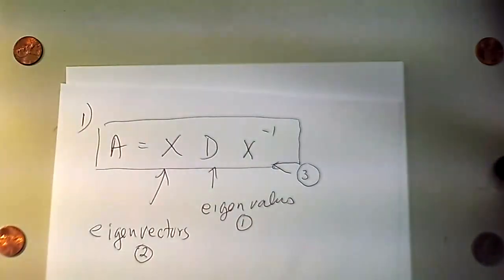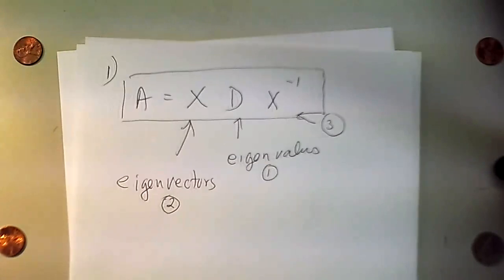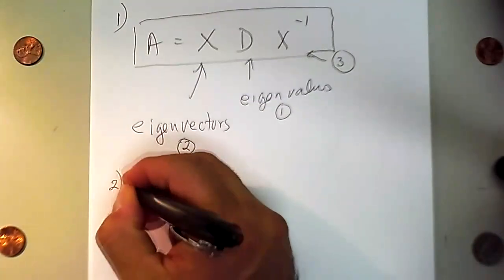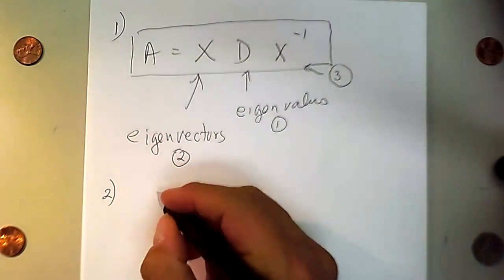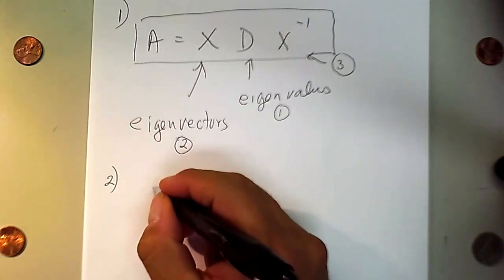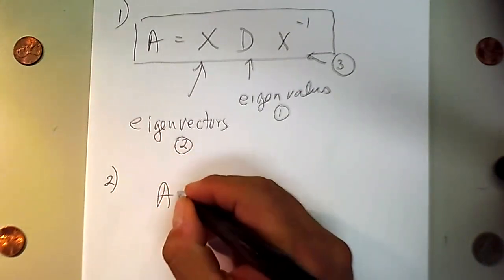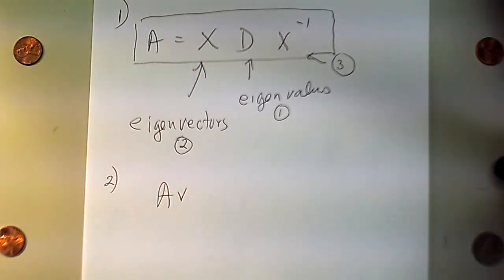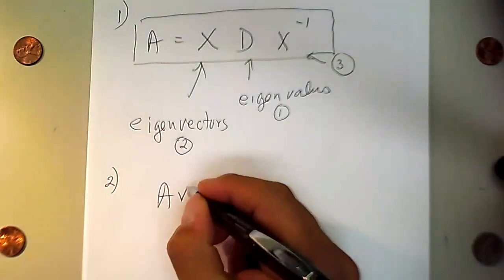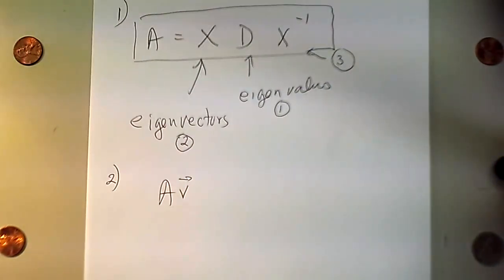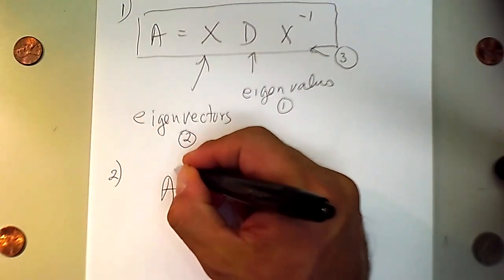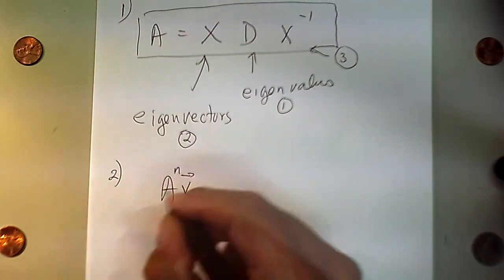Once we have that, a second problem I'm likely to ask is, for the same matrix A, to find A times a column vector v. Oh, no, with a big power. So A to the n, for instance.